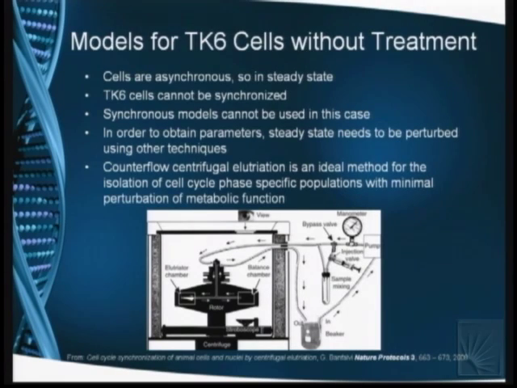So the first flow coming out of this machine contains most of the G1 cells because they're lighter, because they haven't replicated their DNA content yet. And as time goes on, the flows get richer in S-phase cells and then finally G2 cells. So they've actually collected 7 different flows from this elutriation for their TK6 cells.